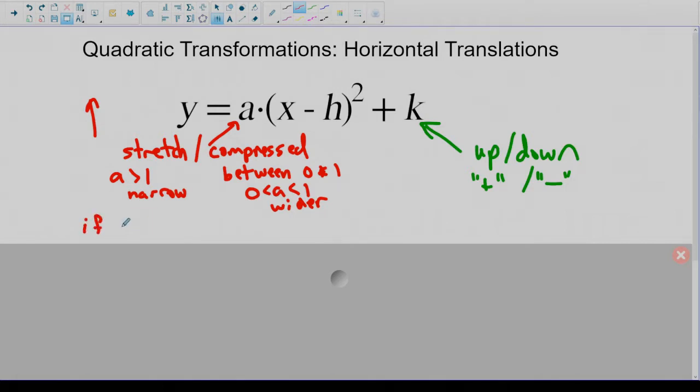So you've got to look at the a value as two different things. If it's a negative number, leave the negative off to the side, just look at the number itself. If that number matches one of these two things, then it's going to be either stretched or compressed. Then look at it if it's negative. If a is negative, it's what we call a reflection, or flipped upside down.